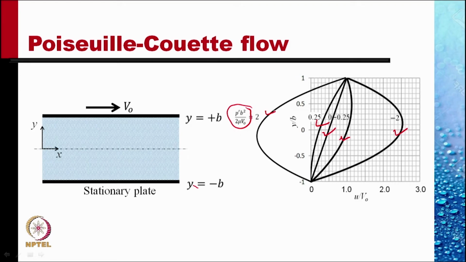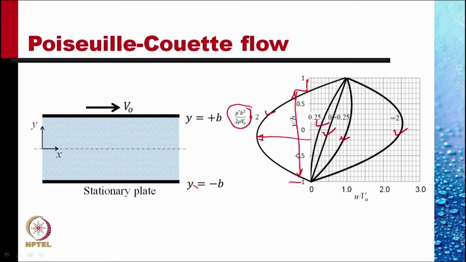When the pressure coefficient has a value of 2, you notice here that there is a large depth of the flow across which the velocity is negative. It is only in this portion near the upper plate that the velocity is positive.